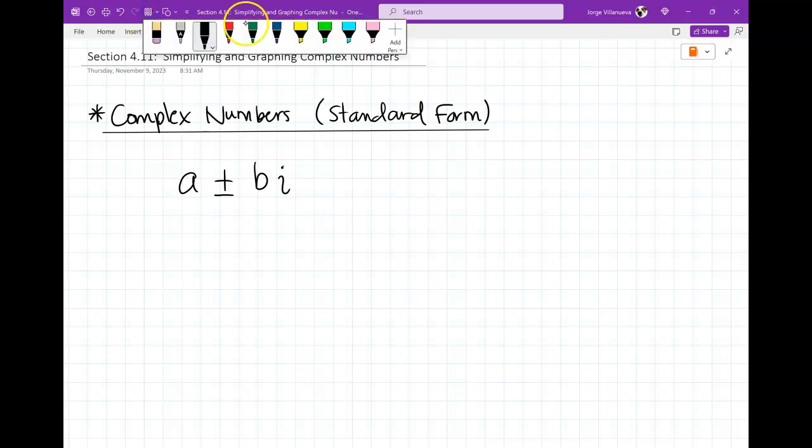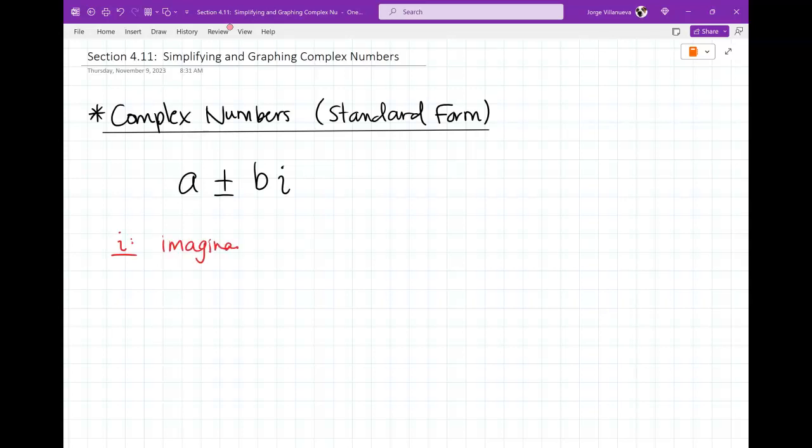But A and B are basically your X and Y, all right? So I'll put it down right now as we go through some of this, but let me just write down this right here. I is your imaginary unit. Okay, I is equal to the square root of -1. So remember how they always told you like you can't have a negative number inside of a square root because it's not going to work, right?